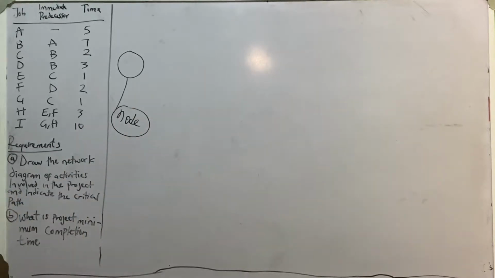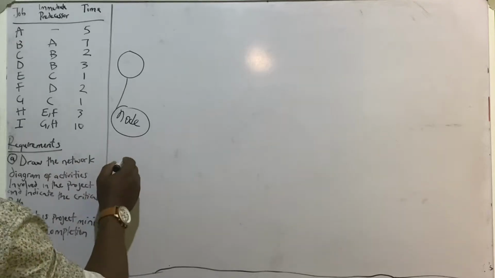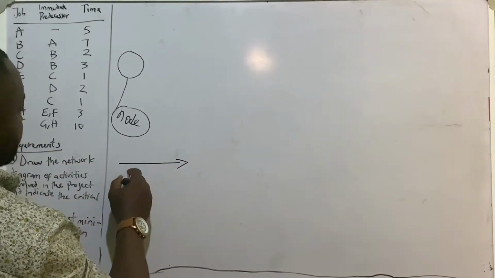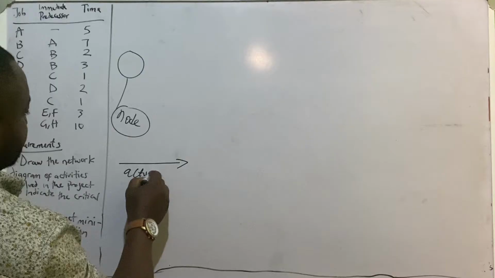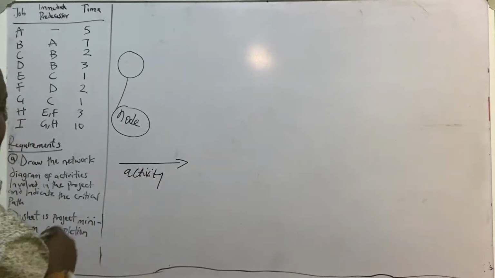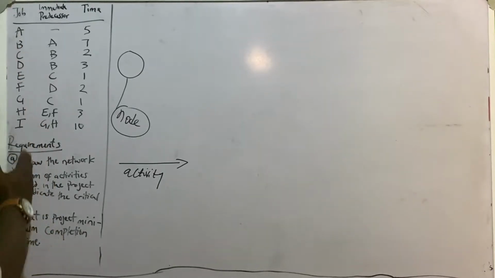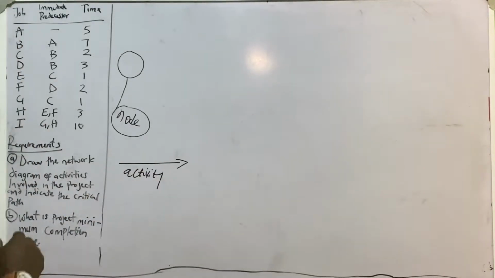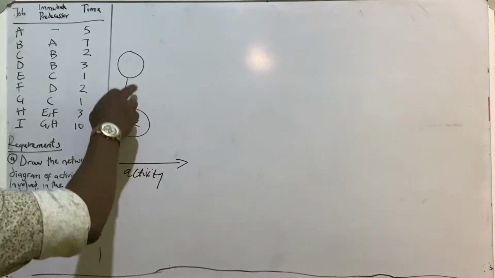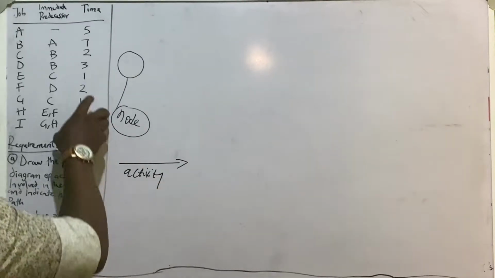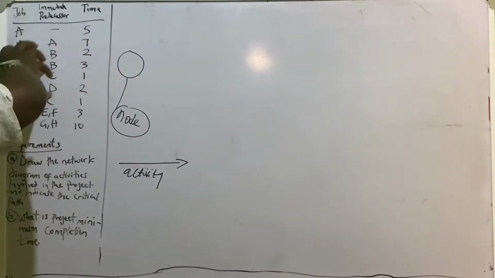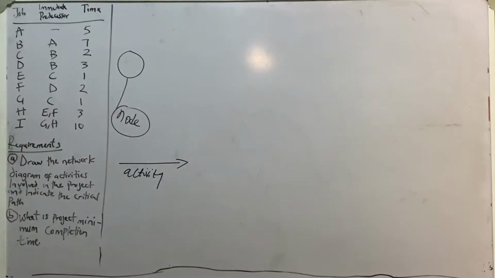And the activity itself is represented by an arrow. This is an activity. We represent the activities, as we have 9 of them here, by an arrow. So we're going to use a node and an activity to show the relationship that exists amongst these activities, to show how they interrelate.